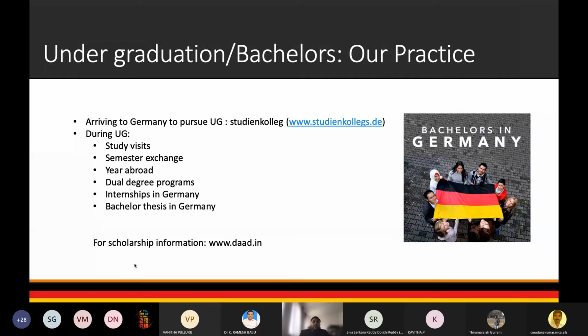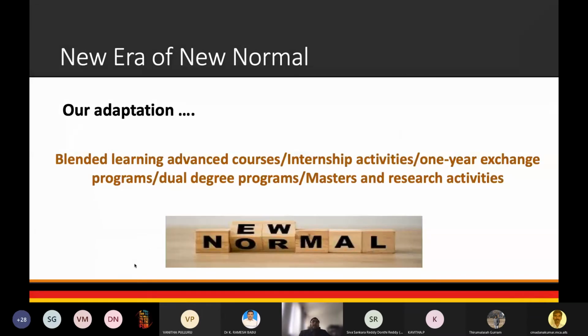Of course, in the new era of the new normal, I think a blended approach and online learning are really required, and very essential to take things forward.